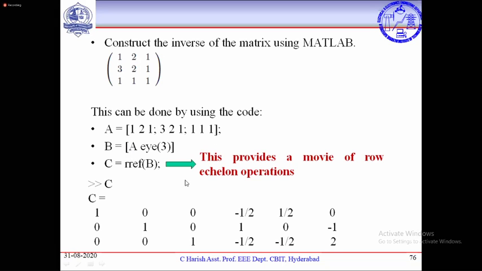Now we are going to use the echelon method. For the echelon method, this is the command we are going to use: rref, which generates the echelon form. If it is a 2 by 2 matrix, first we write the matrix, then we go for the identity matrix. So A comma identity matrix. Here A is 3 by 3, so A comma eye of 3.